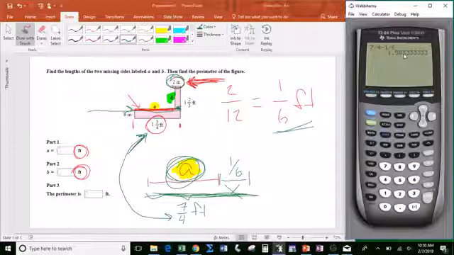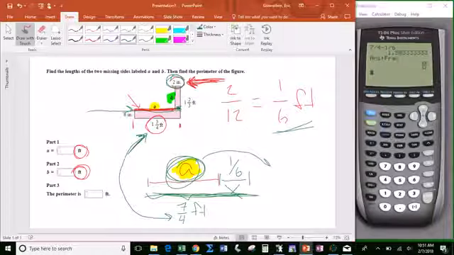That's a decimal. We need fractions because the problem is given in terms of fractions, so I'll convert that to a fraction. And so A should equal 19/12. It's coming from the graphing calculator on the right.